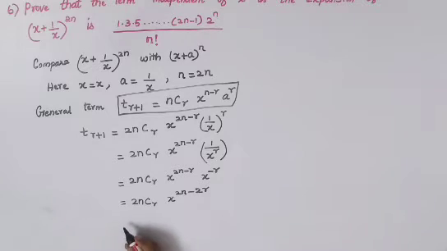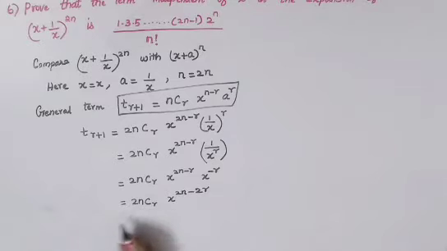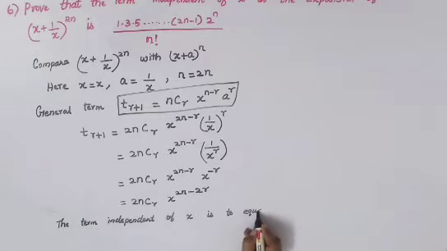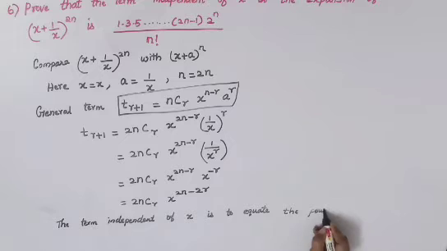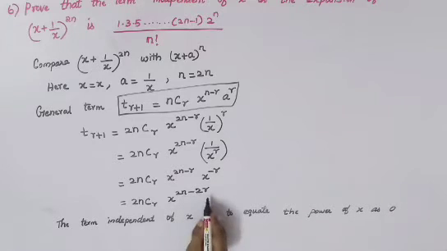The next step is, they have asked us to find the term independent of x only. Therefore, for the term independent of x, we have to equate the power of x to 0.